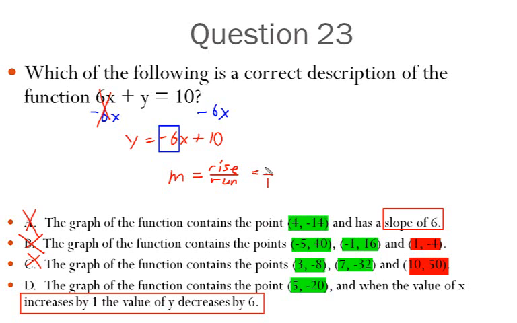So if we go over 1, we're going to go down negative 6. So they're pretty much telling us that the slope is negative 6, just using more words to describe it. And yeah, our slope is negative 6, so that is our correct answer, D.